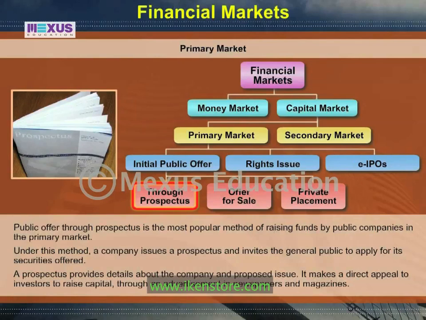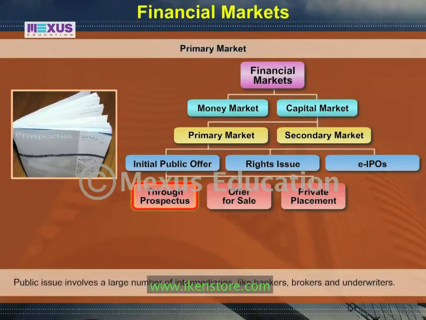It makes a direct appeal to investors to raise capital through an advertisement in newspapers and magazines. Public issue involves a large number of intermediaries like bankers, brokers, and underwriters. The issues may be underwritten and are also required to be listed on at least one stock exchange.